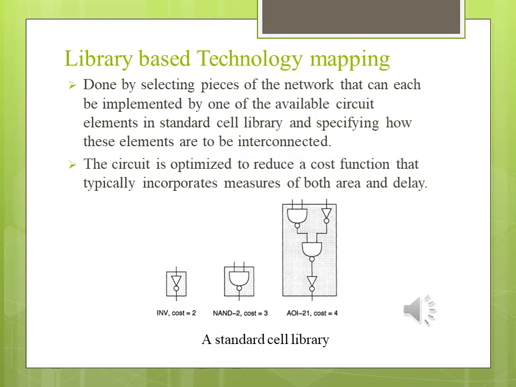The library elements are standard cells and the costs are given in terms of the area of the cells as shown in the figure. The circuit needs to be optimized to reduce a cost function that typically incorporates measures of both area and delay.